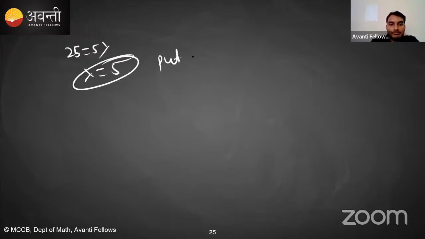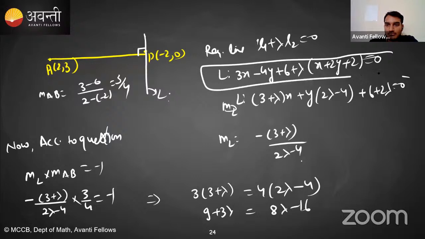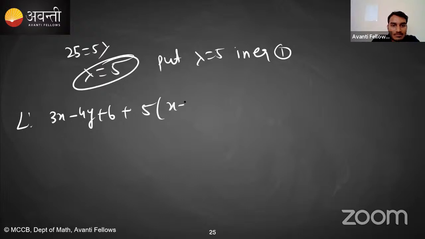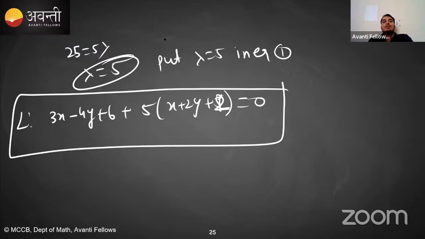Now put lambda equal to 5 in equation 1. So you will get the line 3x minus 4y plus 6 plus 5 times (x plus 2y plus 1)... sorry, plus 2 is equal to 0. So this is your required line. Clear?